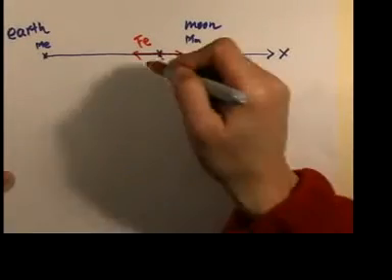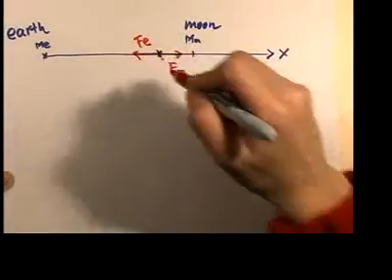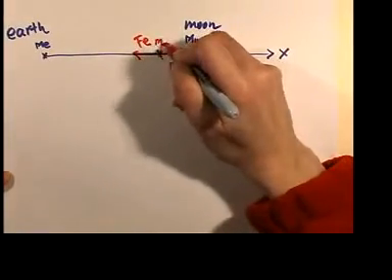So the gravitational attraction between the Earth and, let's say, a space probe of mass little m.